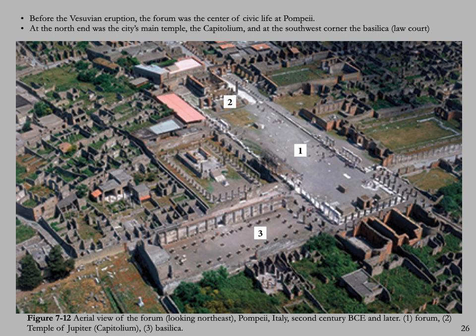Number 1 in the center there is the Forum and general marketplace area. And number 3 in the bottom left is the Basilica. The Basilica is another large-scale public building.